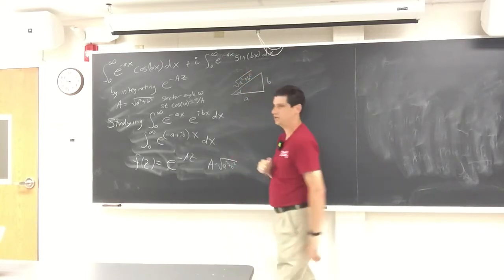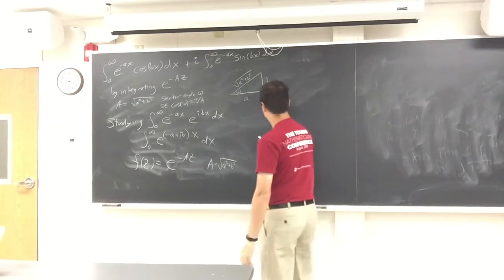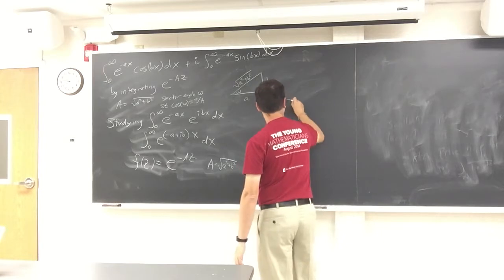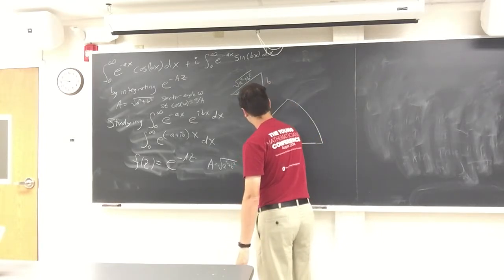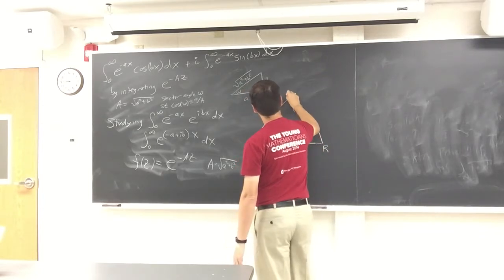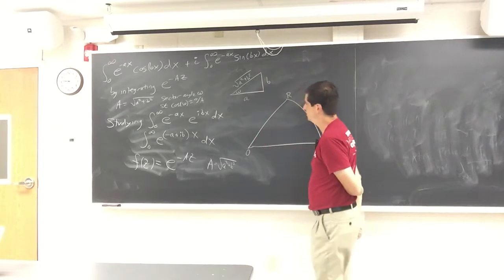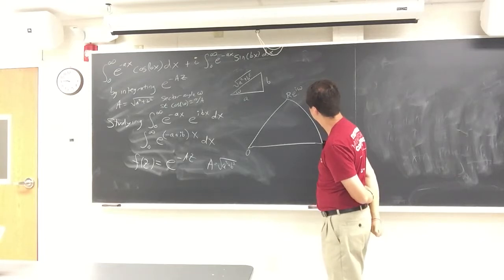And that would be the angle omega. So it's suggesting that we look at a contour like this. So here's 0, here's R, and now we've got to figure out what that would be. This would be part of an arc. So that would be like that.